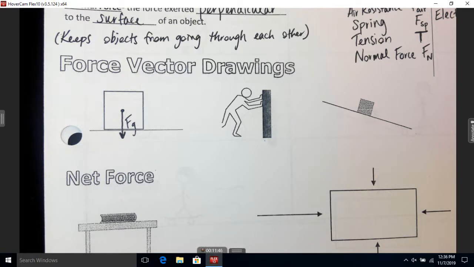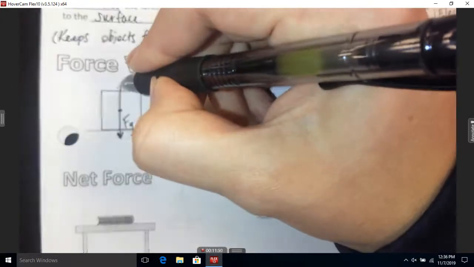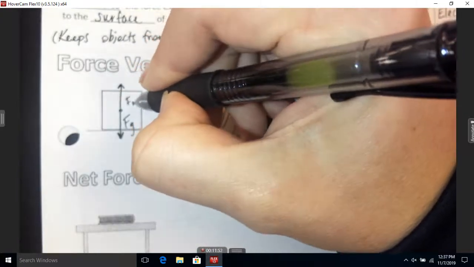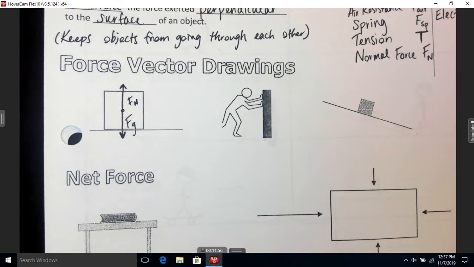The floor is pushing up. So that one is the normal force. And I didn't make them the same size, so I'm not that good. They should be the same size. No, the arrows, the vectors.